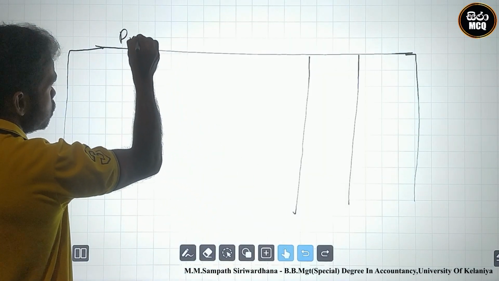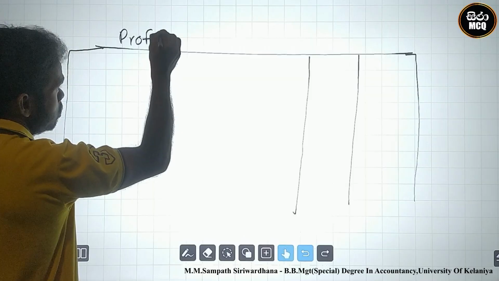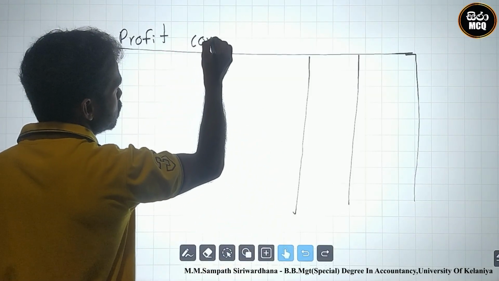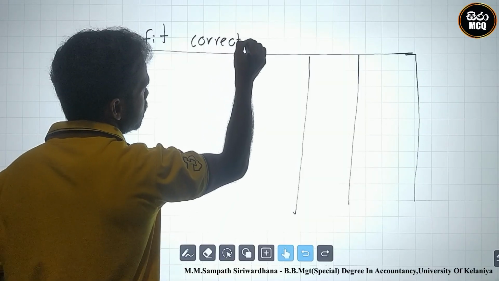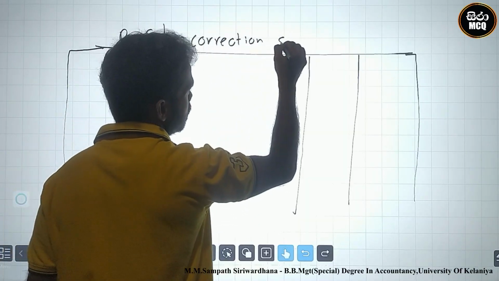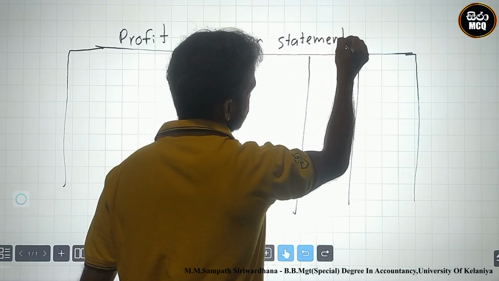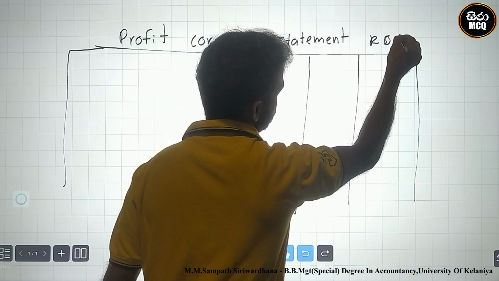Profit correction statement. This is the 1000.